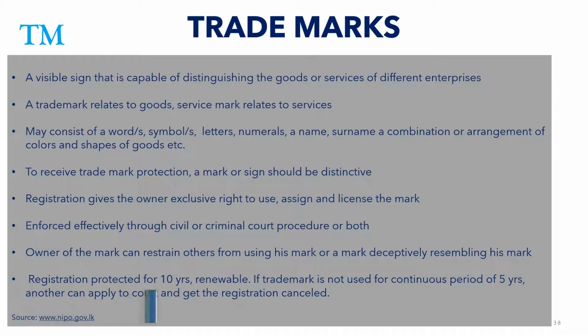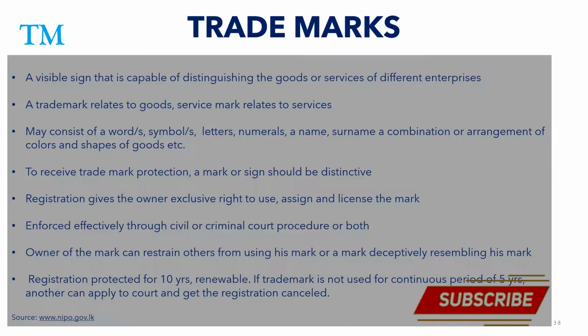Therefore, it was considered a violation. So you can see that in most times, the general principle is that if the goods are dissimilar, they do allow you to register a trademark.